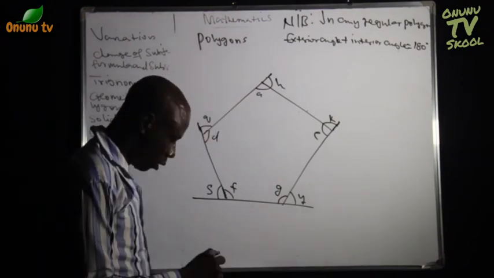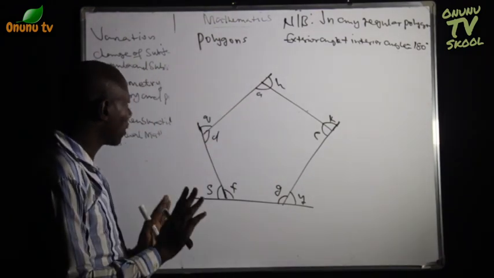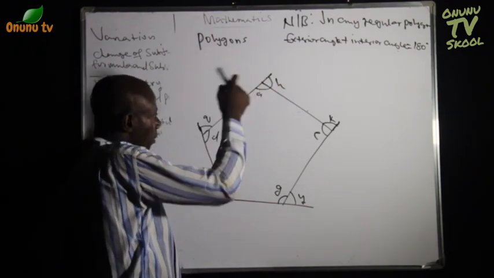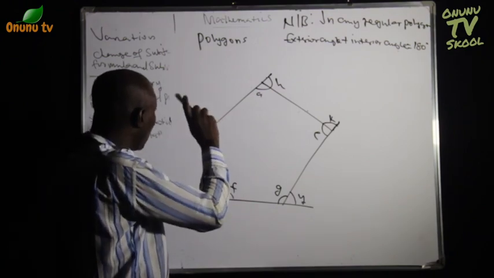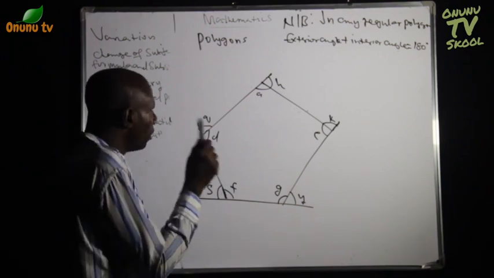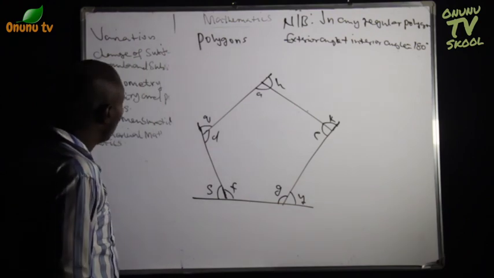Why? Because they constitute adjacent angles on a straight line. This A plus H has formed half a circle, which is angle on a straight line. This D plus K has formed a semicircle, which is angle on a straight line, which is 180 degrees. Take note of that, please. Now, let us go on.